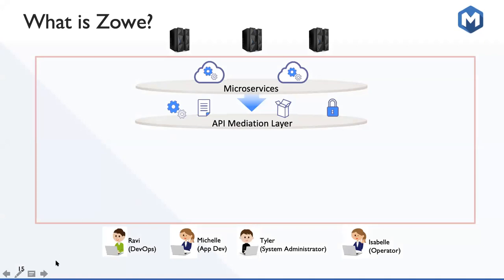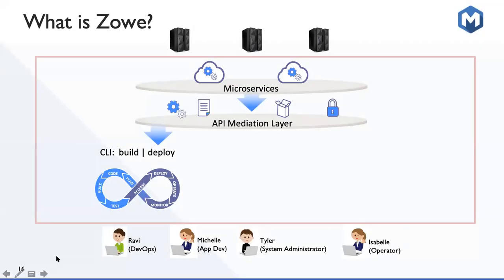The consumers of the API mediation layer are first the CLI sub-project. This is a command line interface primarily used for DevOps that enables the user to chain together commands into z/OS that do things like CI/CD, build, automated test, and whatnot. And those are backed by the microservices.